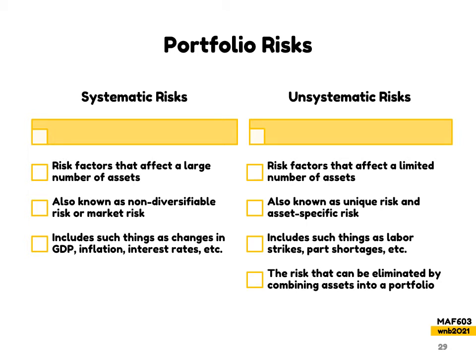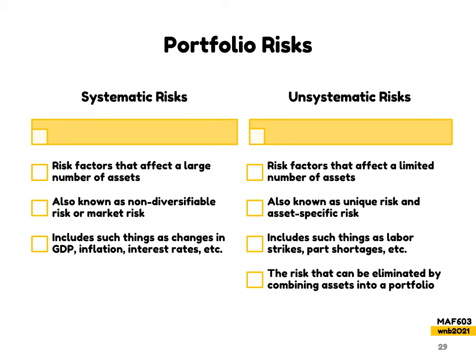Now let's look at the difference between two types of risk. First one, we have systematic risk. It is a risk factor that affects a large number of assets, also known as non-diversifiable risk or market risk.